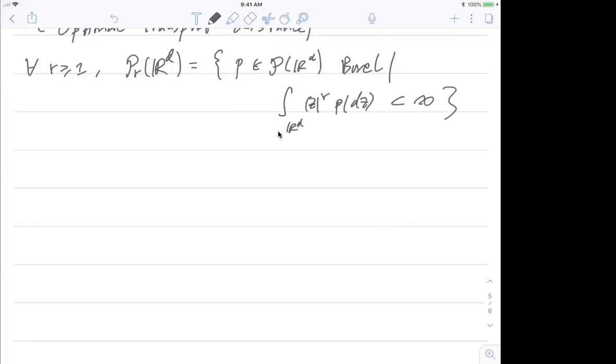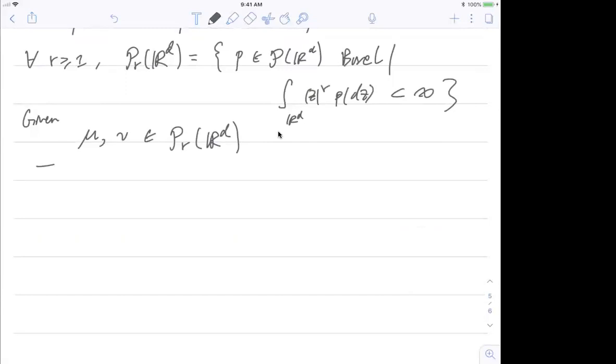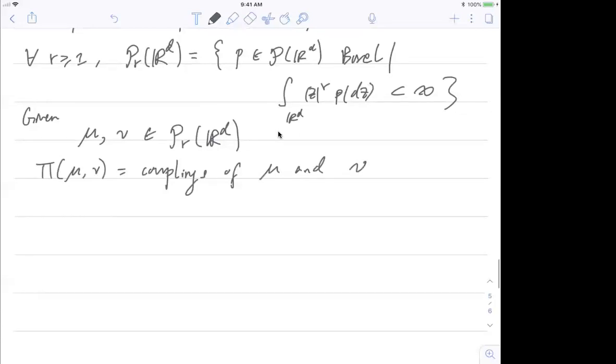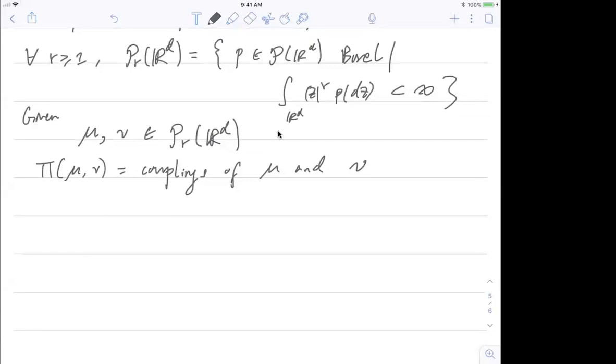Let's say given two probability measures mu and nu in this space, we define a set denoted by Pi(mu, nu), called the couplings of mu and nu. What does coupling mean?